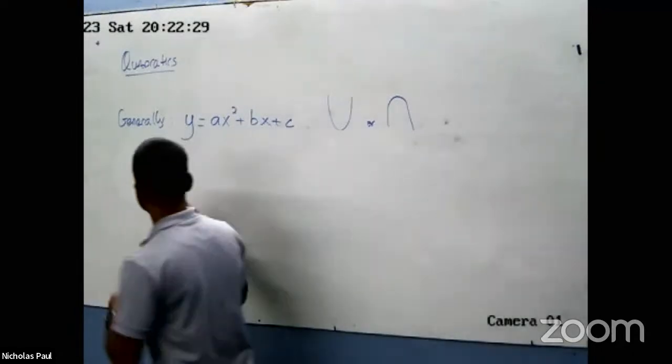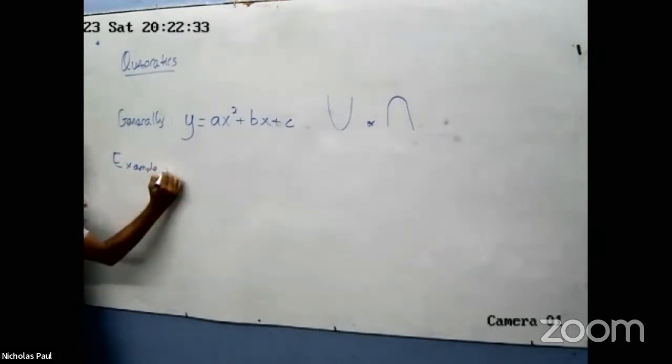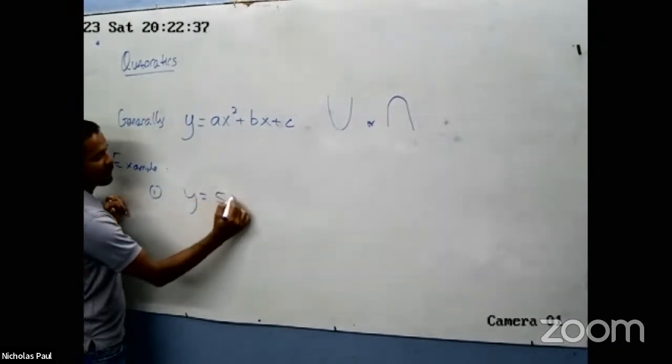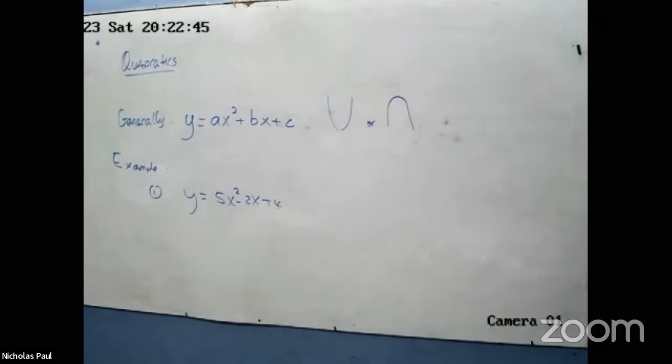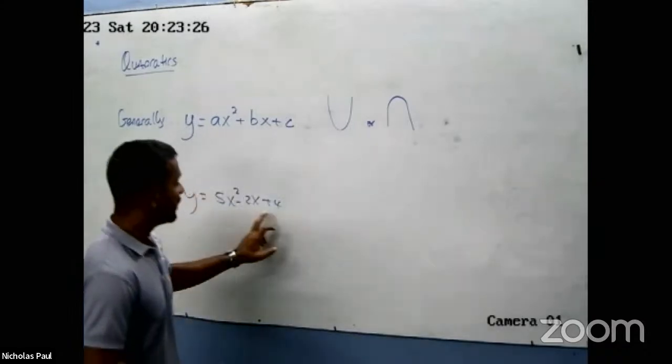Let's say, for example, I give you a quadratic that looks like this: y is equal to 5x squared minus 2x plus 4.